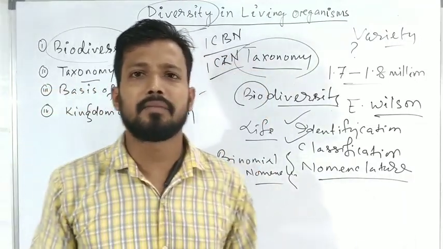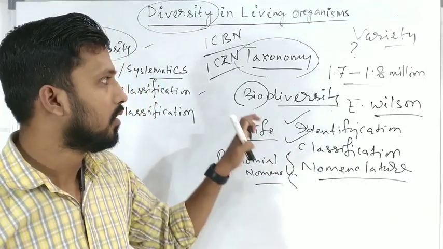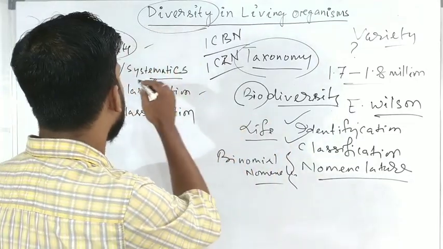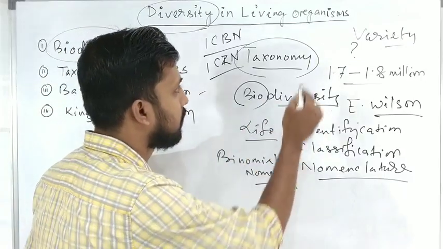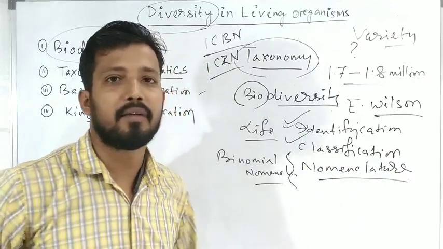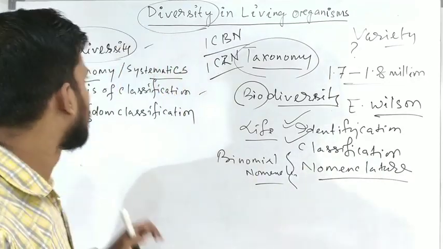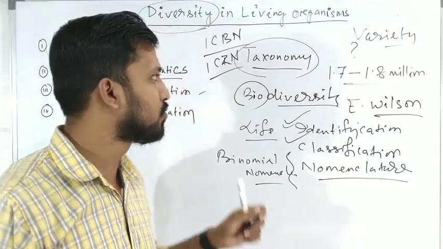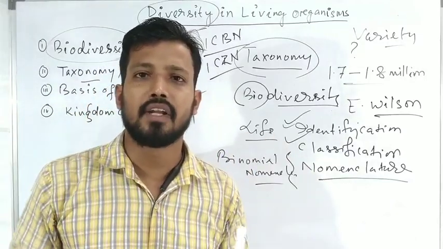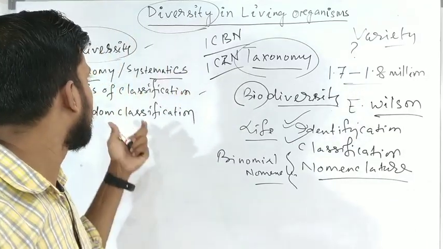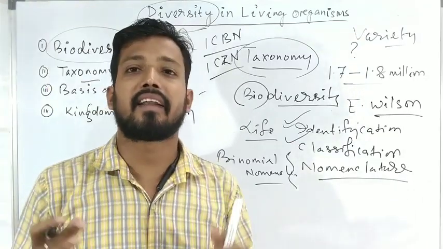We can name them under binomial nomenclature. We will discuss later. So here in taxonomy or systematics, we have to identify the organisms, classify them, and name them. After that, there are different scientists who have classified the total organisms into different classes or different kingdoms, based upon different types of classification criteria.